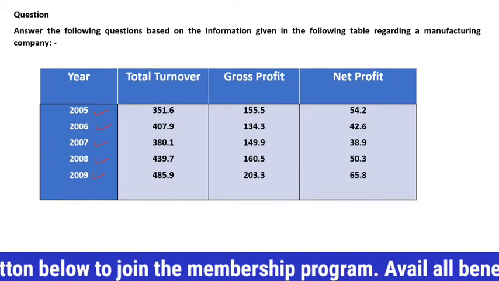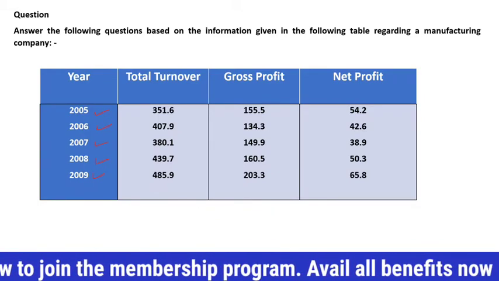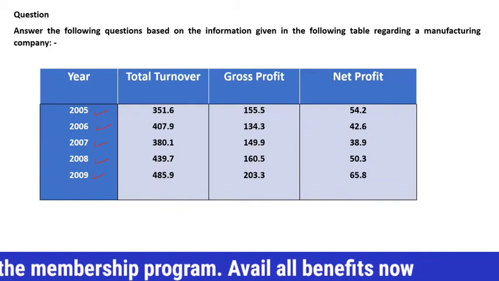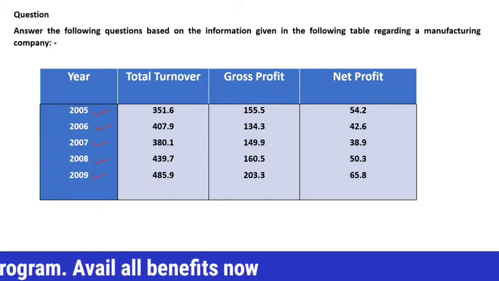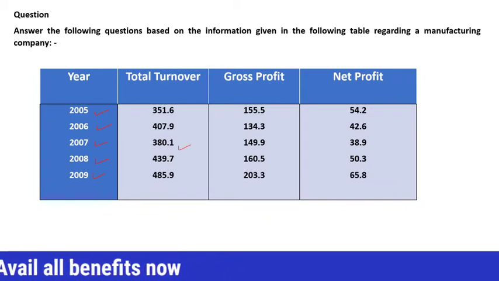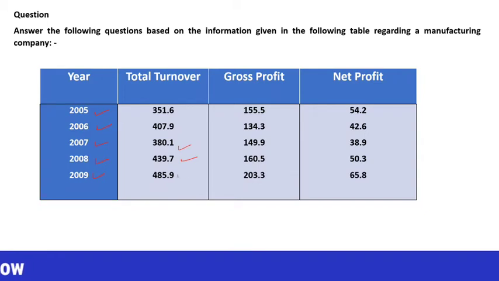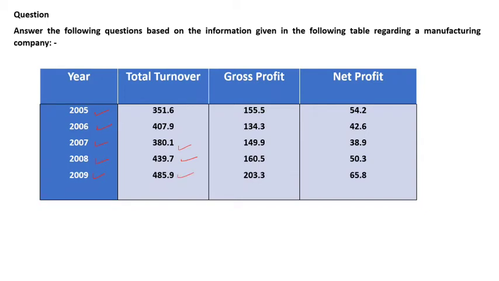We have the total turnover 351.6 and 407.9, then 380.1 and 439.7 and 485.9. Similarly, the gross profit 155.5, 134.3, like that values are given, and net profit is also given.